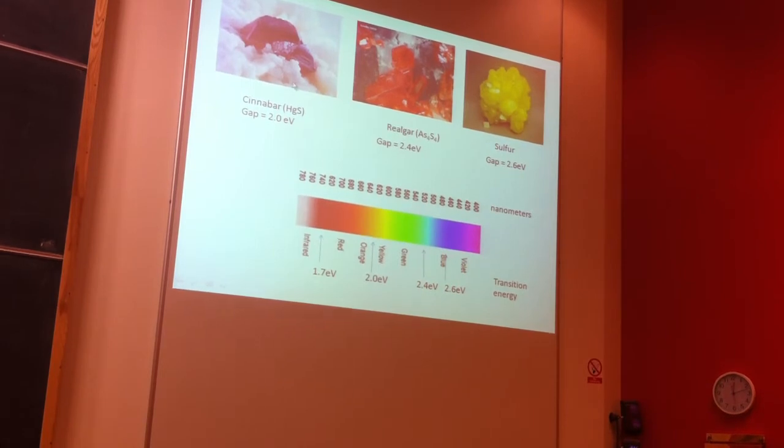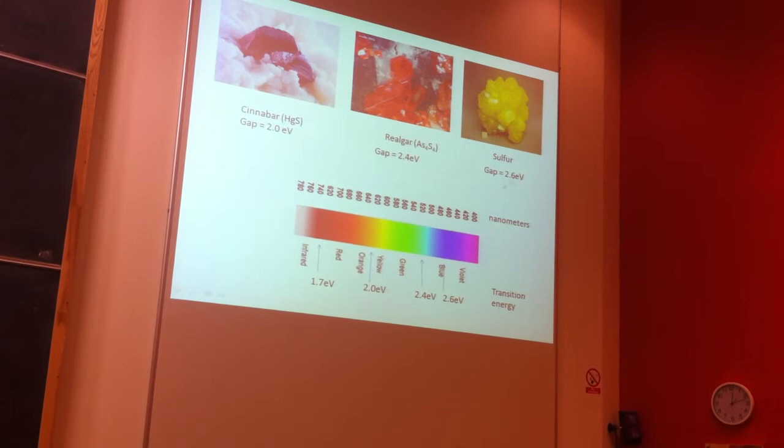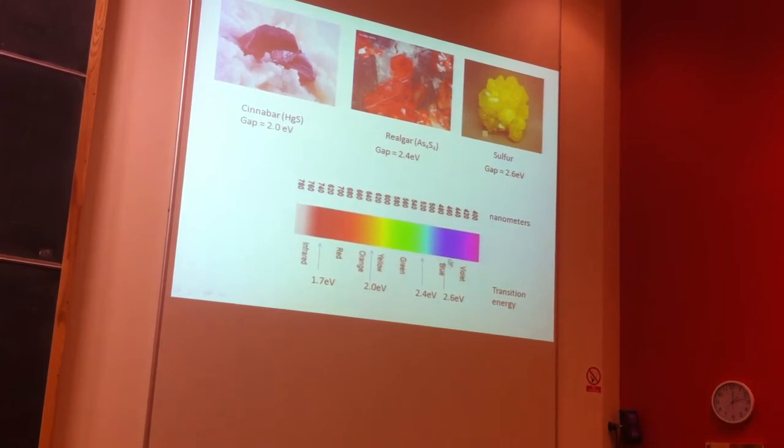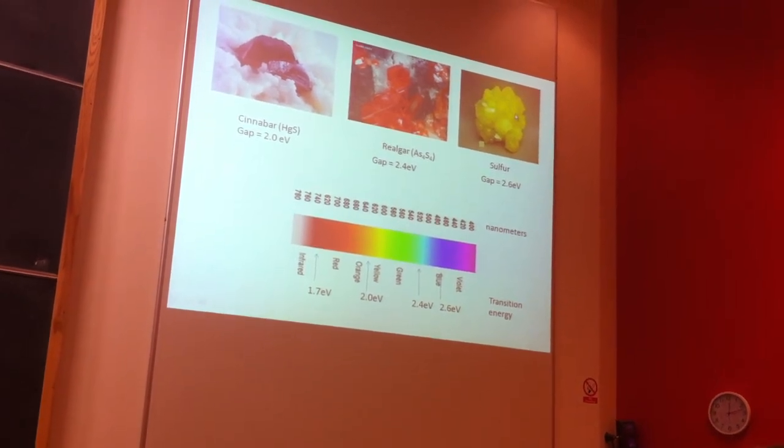As a result, cinnabar looks rather red. Realgar looks a little more orange because it has a higher gap, and sulfur looks a little more yellow because it has a higher gap still. Now, if you look at sulfur, you'll see that 2.6 eV actually corresponds to a blue color, not a yellow color, and so sulfur is rather noticeably yellow here.